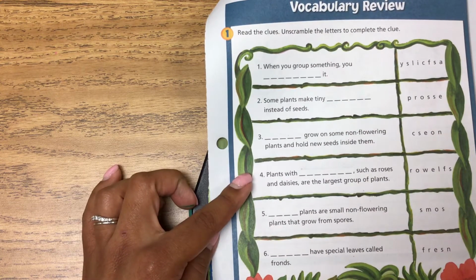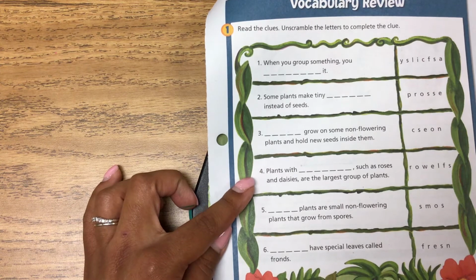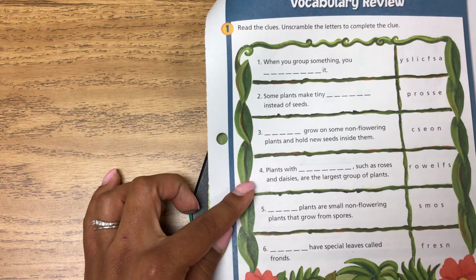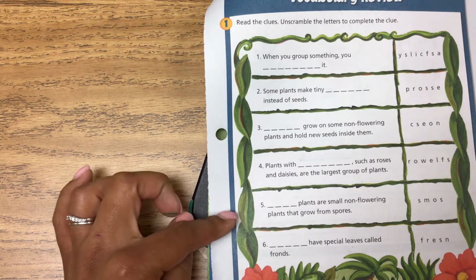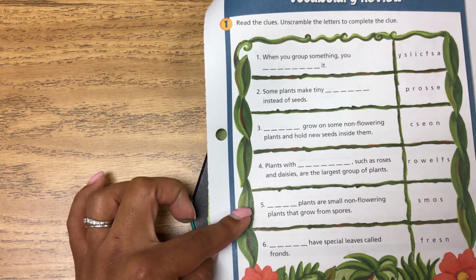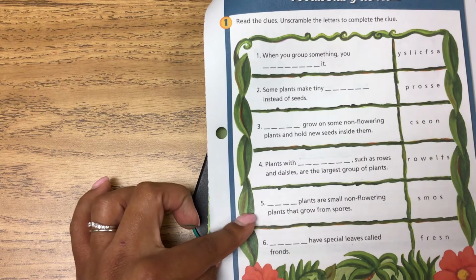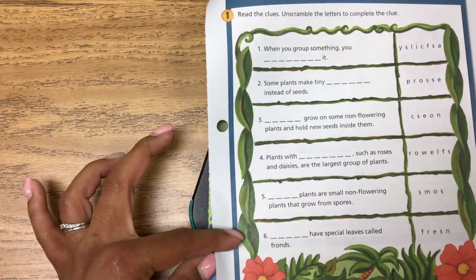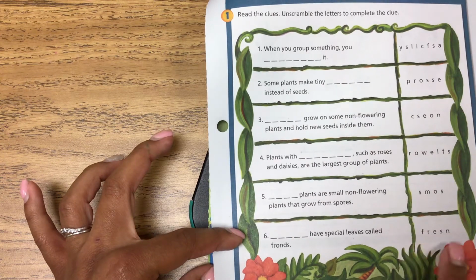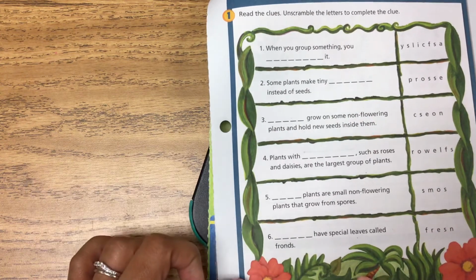Number 4, plants with blank, such as roses and daisies, are the largest group of plants. Number 5, blank plants are small, non-flowering plants that grow from spores. And number 6, blank have special leaves called fronds. Remember to unscramble what you see on the right and go back in the text to help you.